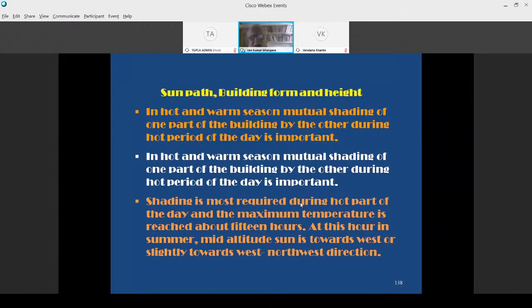So, friends, why not go for such a form and shape of the building that will follow the sun from east to west, with maximum protection needed in critical months, that is the summer season, and the critical time of the day, around 3 p.m. So the position of the sun in critical months and critical time of the day will be most important.